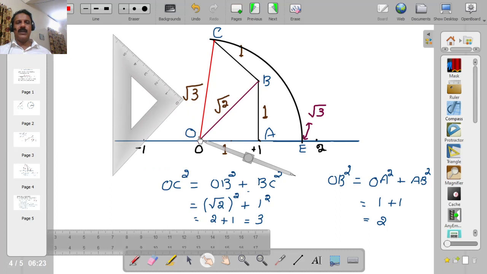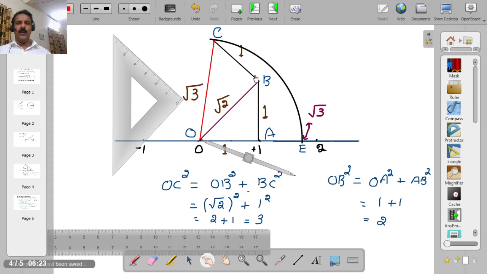We are going to create a right angled triangle with base equal to OB and altitude equal to BC. Now from point C, draw a line to point O.